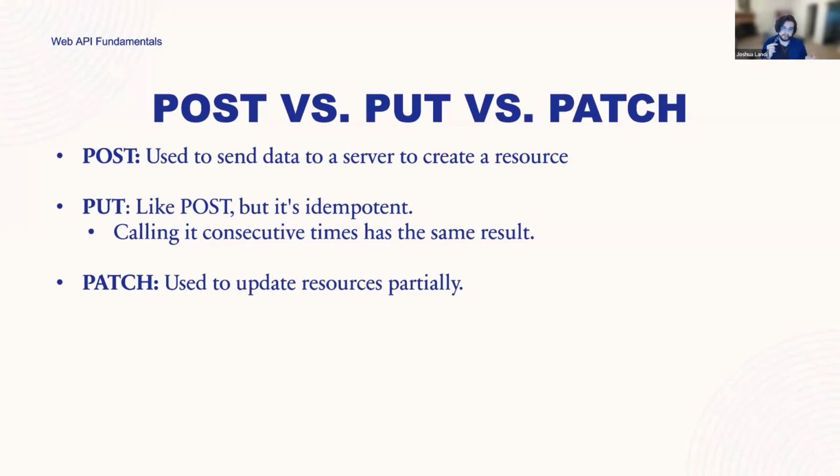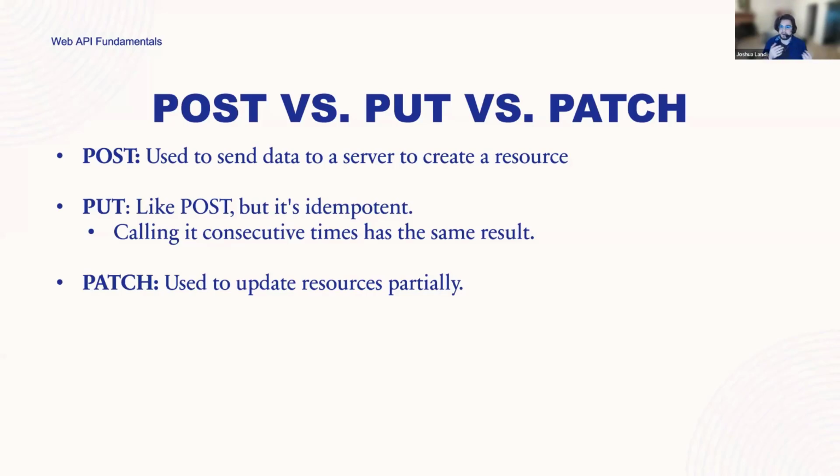And again, methods are a language. So technically, you could write an API where it's a patch method, but it works like a post. I don't recommend doing that. You should adhere to the language, but it's worth pointing out, to Ashley's earlier point about standards, that REST APIs are very flexible, so you don't really have to follow any particular rules.